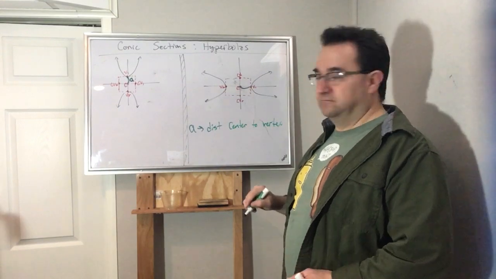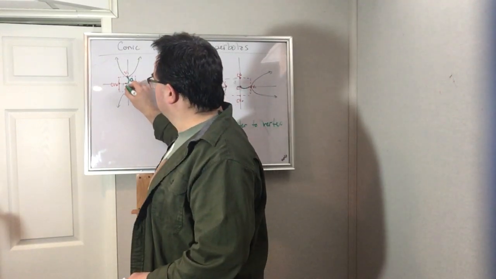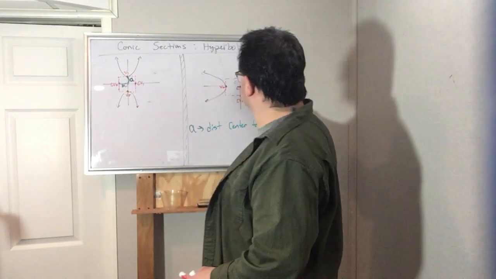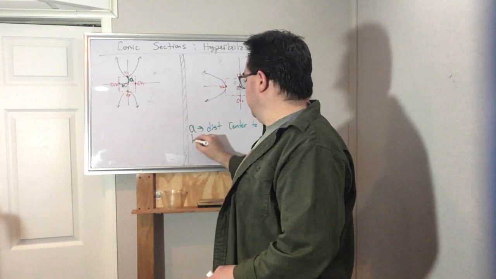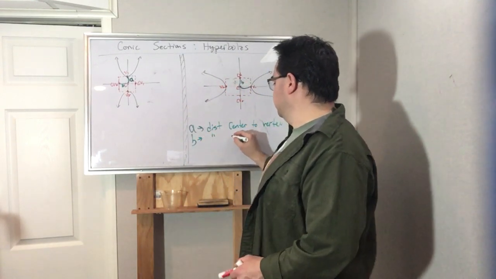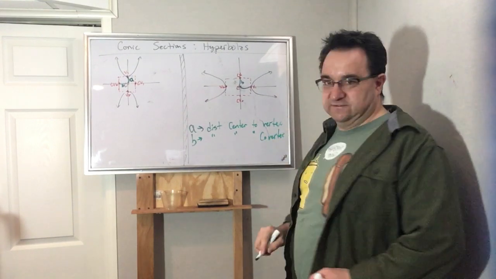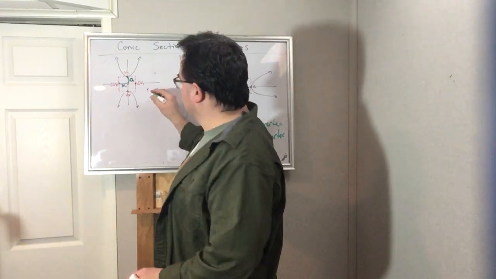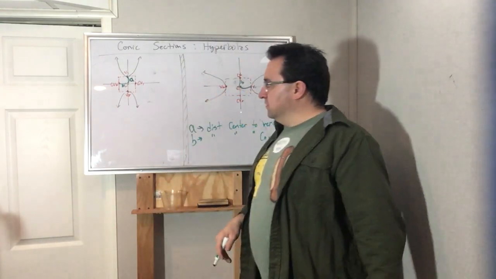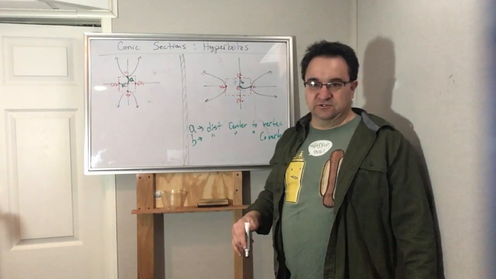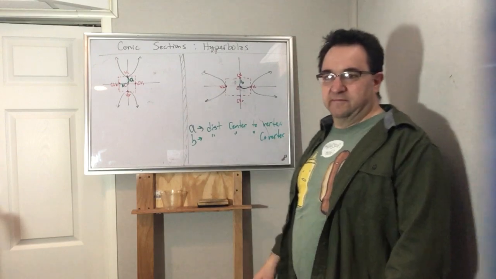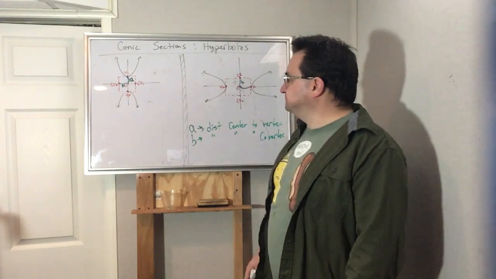That's the same. B is the distance from the center to the co-vertex. That's the same. And C, we're not even going to worry about. C is the distance from the center to the focus, but don't even worry about that. We'll just worry about A and B.